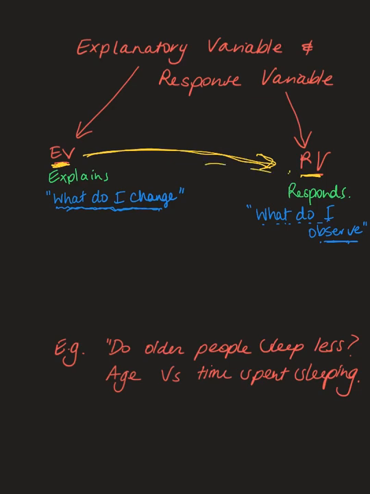So for example, do older people sleep less? Your two variables there are age, so various people's ages, and the time spent sleeping. I always try to start with the EV because I find it easier, but some people do it the other way.